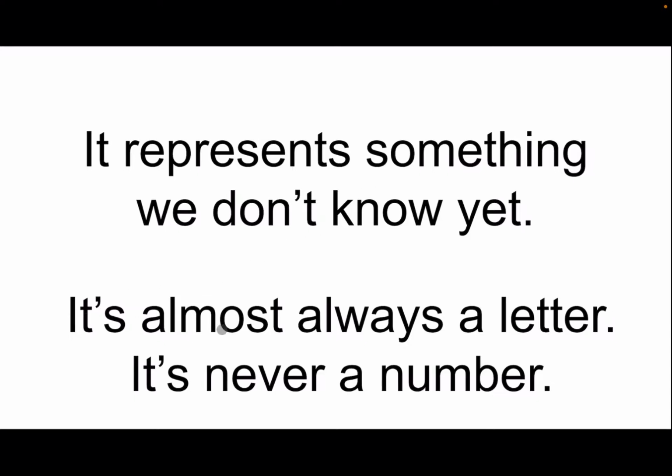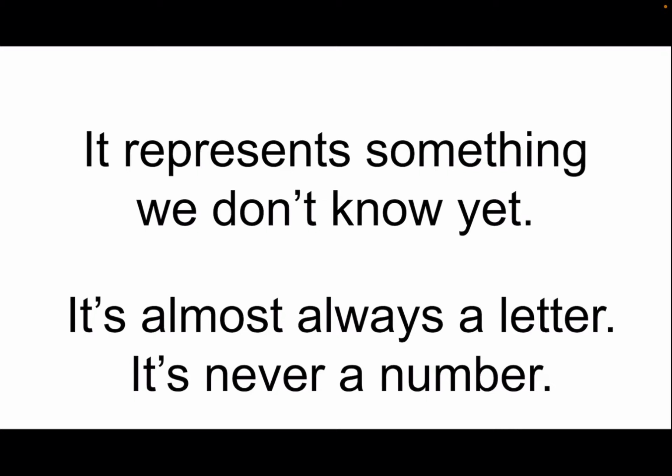It could represent any number. And when we're writing a variable in math, we're almost always going to write it as a letter, but we're never going to write it as a number. So if you see a number and no letter, then there is no variable there.